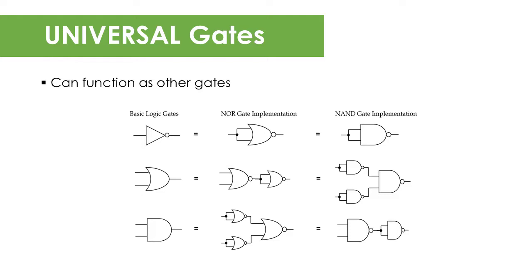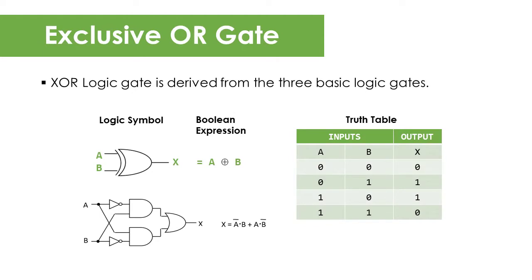It is also worth mentioning the exclusive OR gate and the exclusive NOR gate. The exclusive OR gate is a derived gate from the combination of the three basic logic gates. Although the logic symbol used for exclusive OR is this plus symbol with an outer circle, the expanded Boolean expression of it is derived from the combinational circuit that is A bar dot B plus A dot B bar.